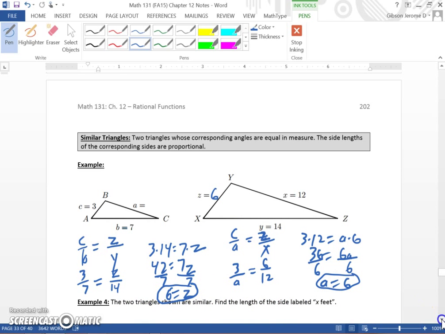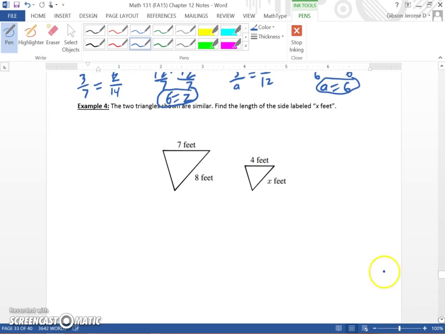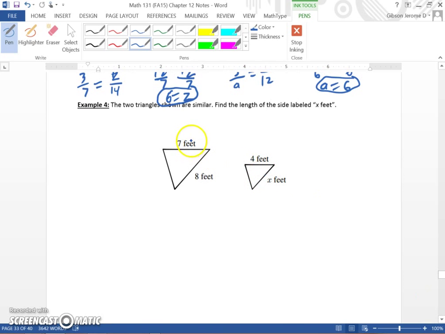Okay, now we go to example 4, and this will be our last example. It says the two triangles shown are similar. Find the length of the side labeled X feet. So we only need to find this side that has X feet. We notice that these two sides here are similar to these two sides. So we have 7 over 8 is equal to 4 over X. So we cross multiply.